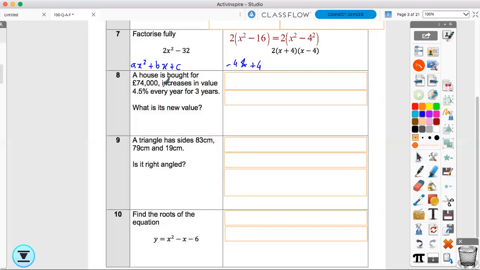But you have to remember that for the following year, you need to use the value of the house at the end of the first year, then the value at the end of the second. Or if you remember, you can just use a quick formula which tells us that it's £74,000 times 1 plus 4.5%, but you need to write 4.5% as 4.5 divided by 100.